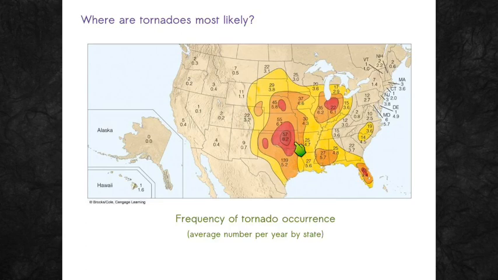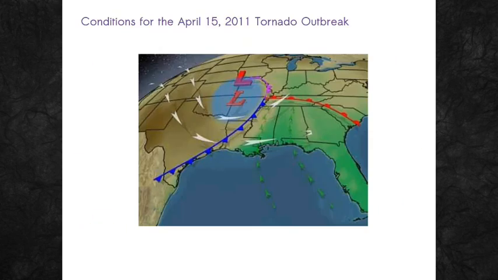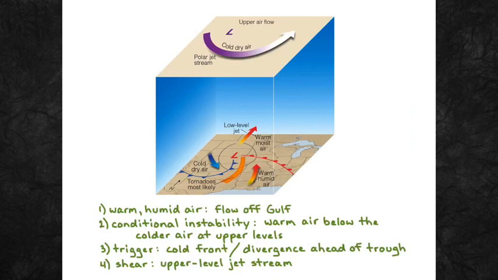So this is where the bulk of the tornadoes is going to be. Nebraska as well, 5.8. Kansas as well. And again, the reason for that is just the structure that we saw before, where you've got these cyclones propagating through, interacting with the warm air coming off of the Gulf, and that's a favorable condition for tornadoes.